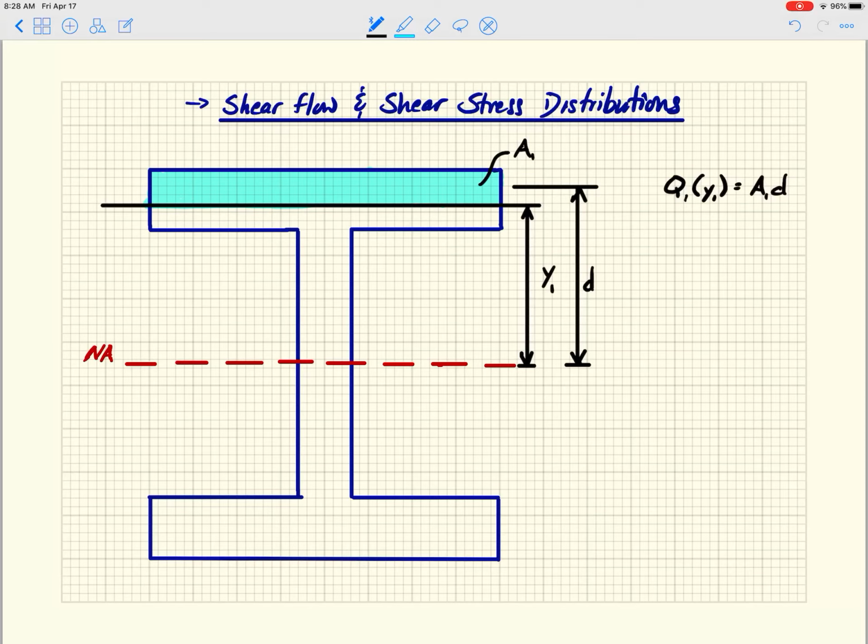Good. And then we also have a width that I need to consider here, which would be this out-to-out width here. And I'm going to call this b sub f. That is the width of the flange.